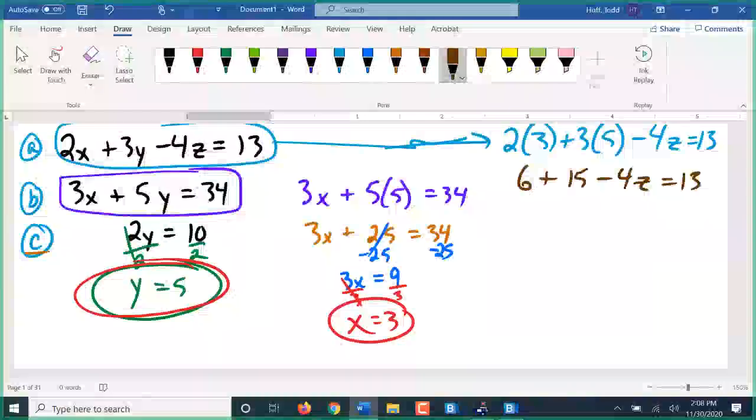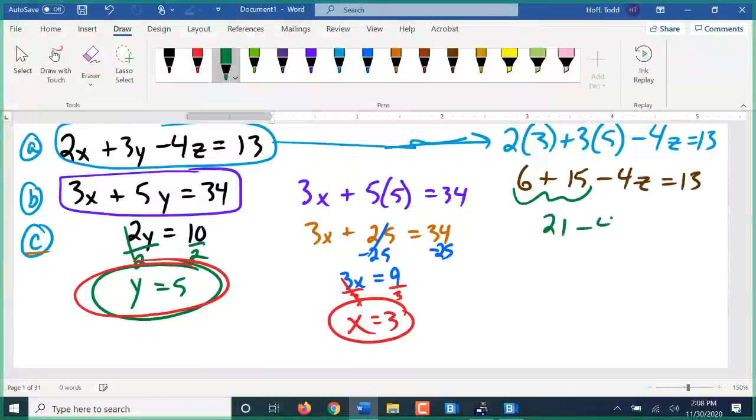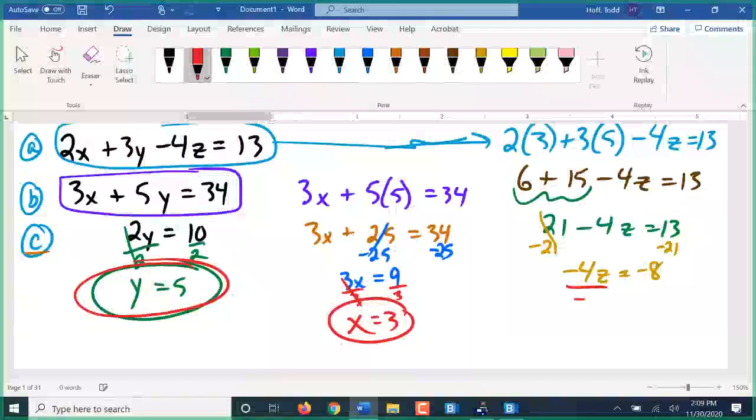Now here then, I can combine 6 plus 15 is 21. So 21 minus 4z equals 13. And now I'm ready to solve that. I will subtract 21 from both sides. Negative 4z equals 13 minus 21, which is negative 8. And I'll divide by negative 4.